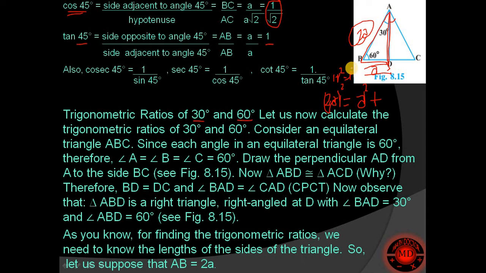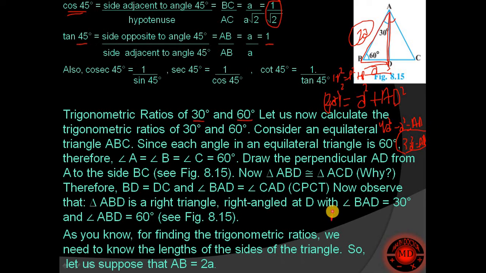So AD squared is equal to 4A squared minus A squared. That should be the approach we are going to use. So this is how we are doing it.